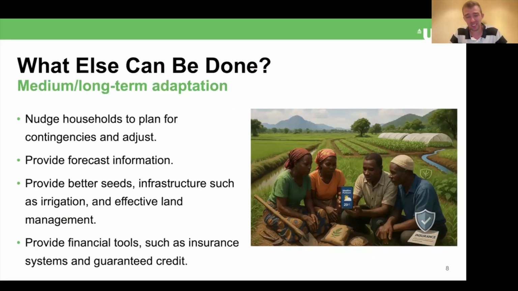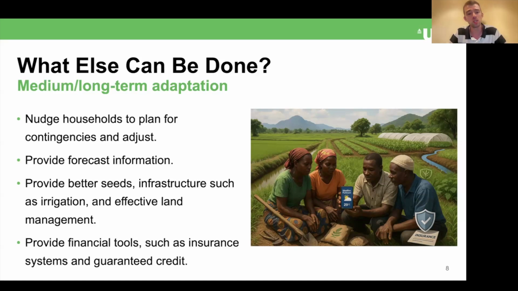This is the second component that I was emphasizing in the definition of humanitarian action, the medium and long-term adaptation. This is more in the context of being prepared for something that might happen, for example by nudging households to plan for contingencies and adjust their livelihoods.